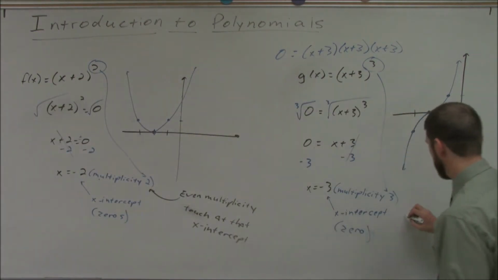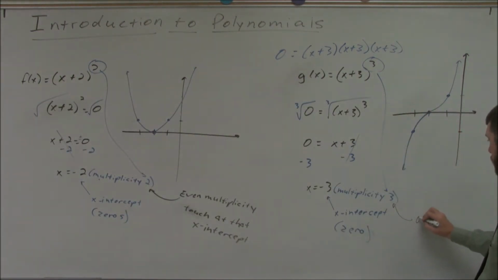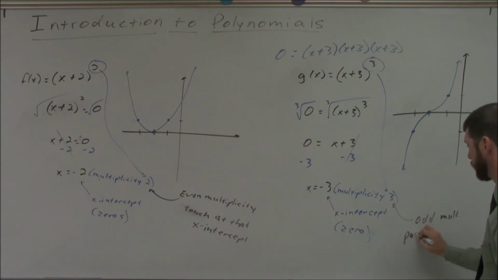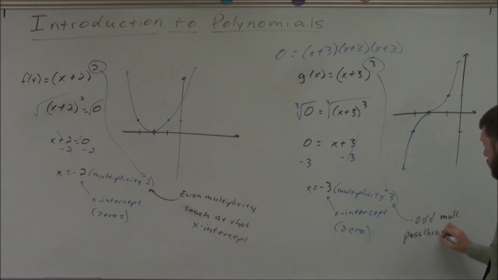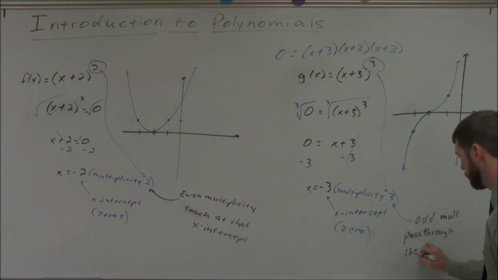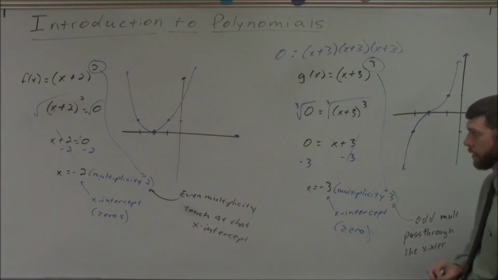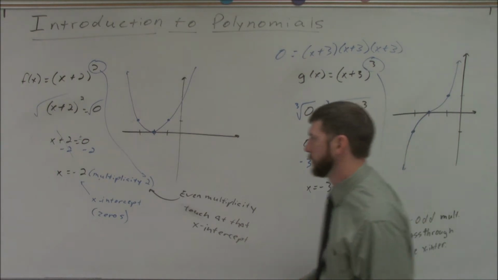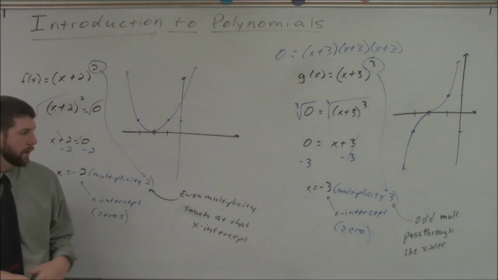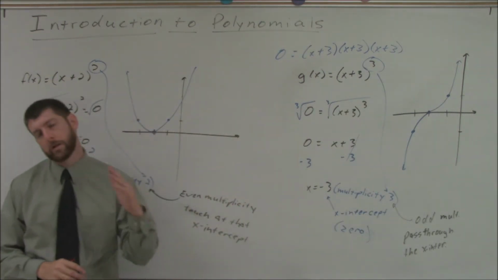If the multiplicity is odd, we pass through the x-intercept. Okay. Even multiplicity, we're going to bounce off that point. Odd multiplicity, we're going to pass through that point.